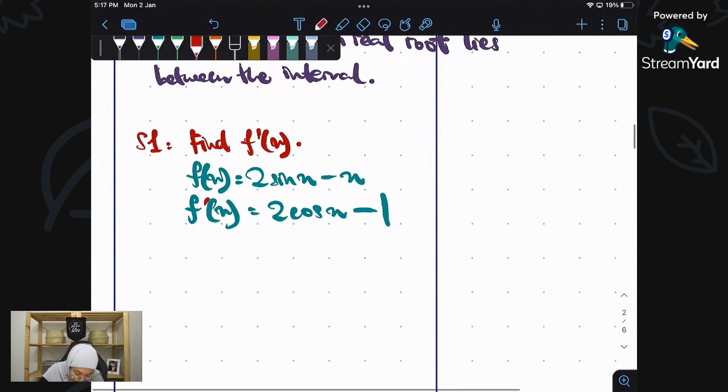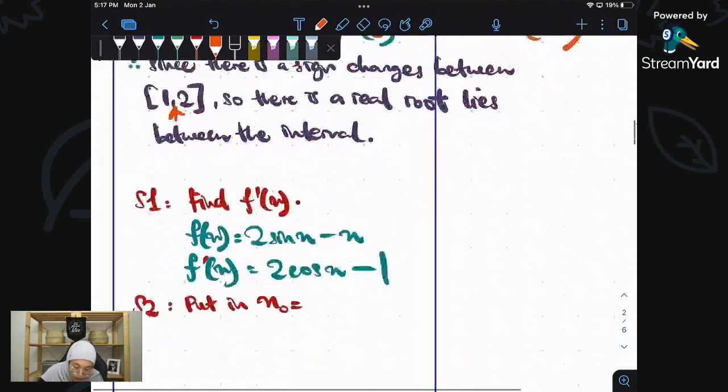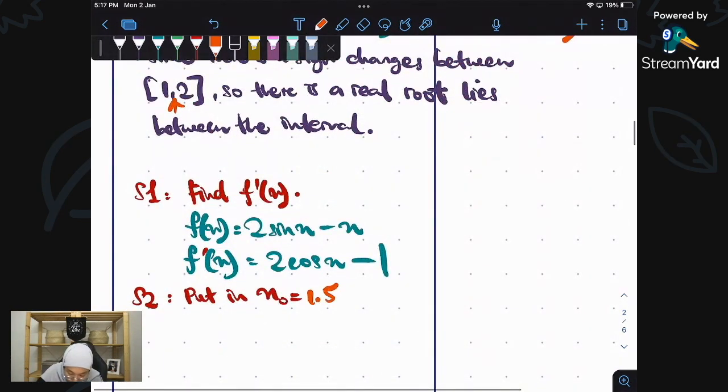The second step is to sub in the x naught into the formula. Your x naught is between the interval, so you try 1.5. Some of you might ask, Madam, can I use 1.8 instead? Yes, you can use 1.8 or 1.9 or 1.6, as long as it is in between the interval.